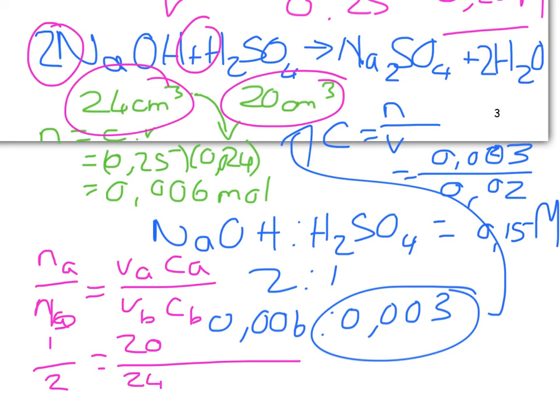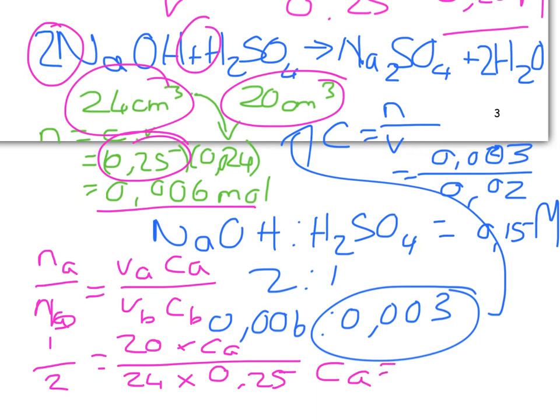The concentration of the acid is what I do not know. And the concentration of the base I worked out. Where did we find it? Here it was 0.25, which we had worked out earlier by determining the concentration of the standard solution. When I rearrange that in my calculator, I automatically get the concentration of the acid to be 0.15 moles per cubic decimeter.